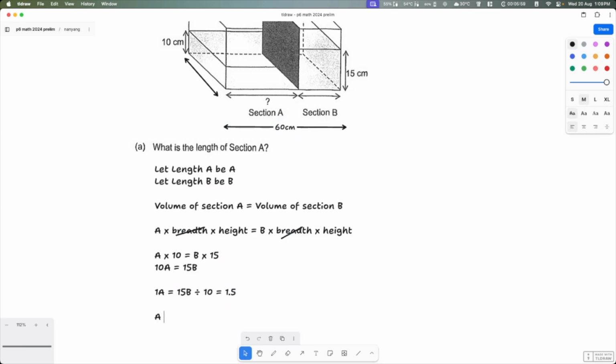So A plus B is equal to 60 centimeters. If we swap A with 1.5B, we get 1.5B plus B is equal to 60 centimeters.